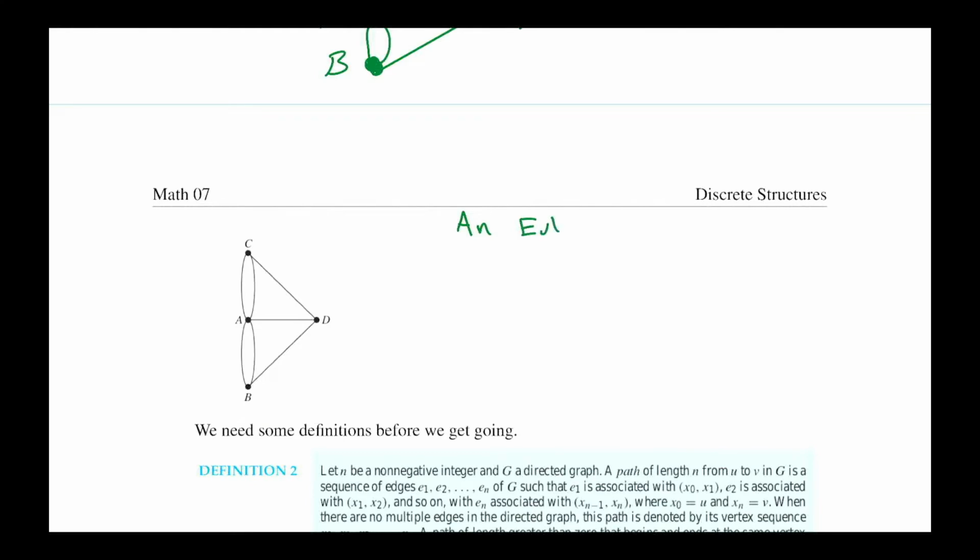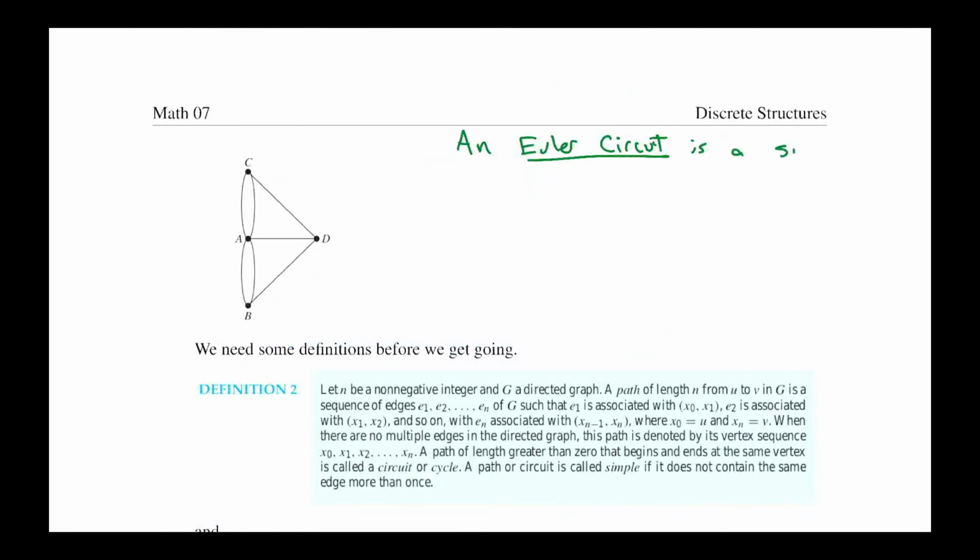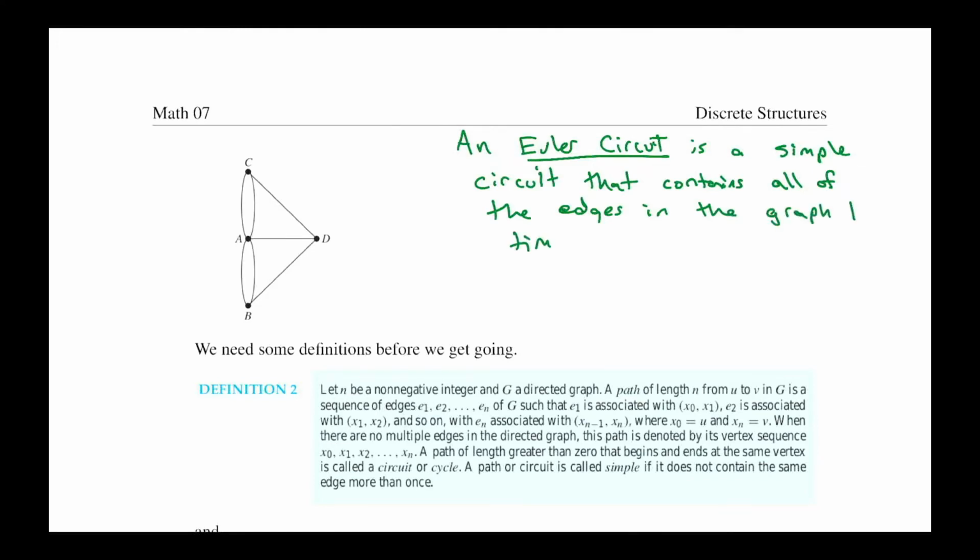An Euler circuit is a simple circuit that contains, or uses, all of the edges in the graph one time. Okay, so we just use all of the edges.